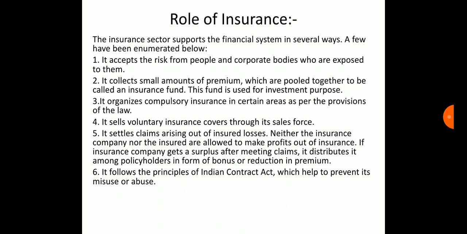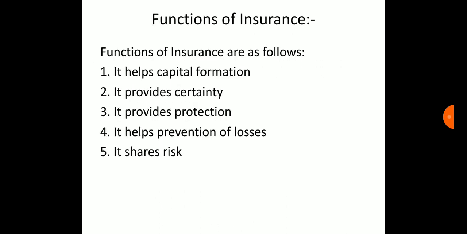If the insurance company gets a surplus after meeting claims, it distributes it among policyholders in the form of bonus or reduction in premium. Sixth, it follows the principles of the Indian Contract Act, which helps to prevent its misuse or abuse.